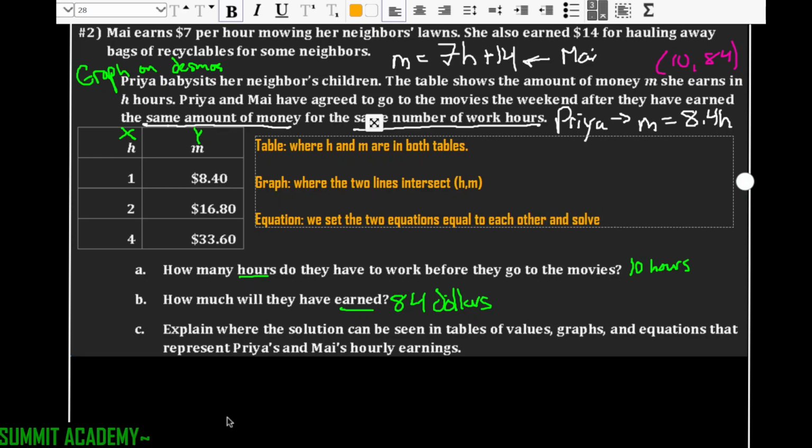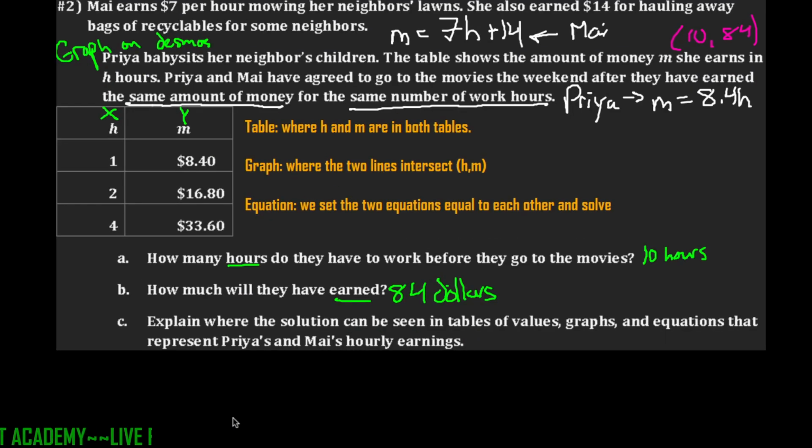So anytime we're trying to figure out where these two equations are equal, there are three different ways we can get it. In the table, it's just the point H and M where it has the same point. On the graph, we just find where they intersect, at the point H comma M. And for the equations, we can set the equations equal to each other and solve for one of the variables.